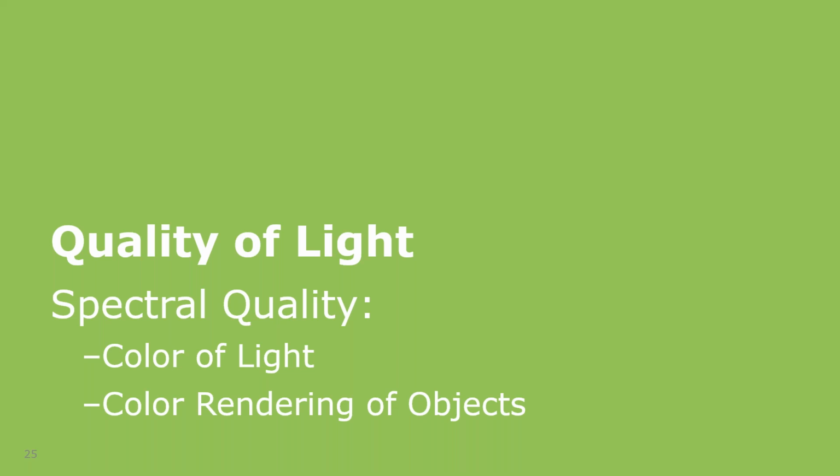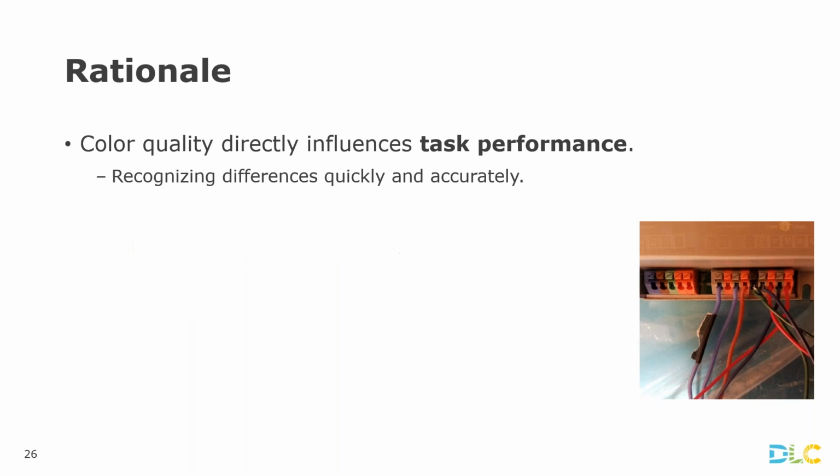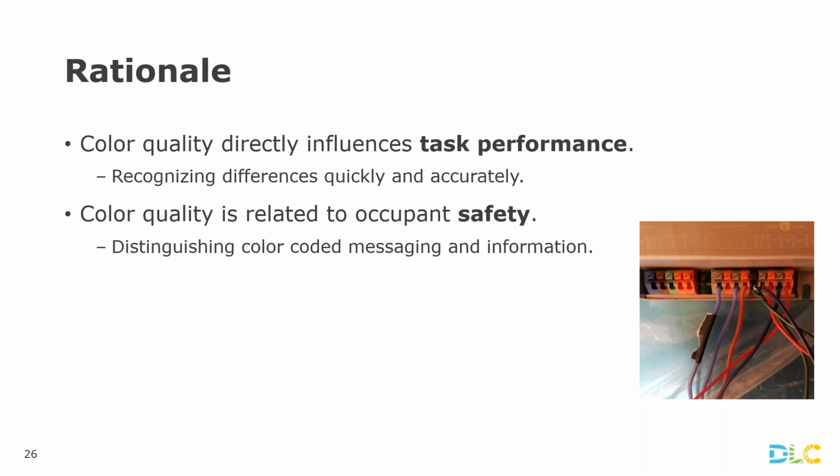The first topic I will talk about is color quality. This is divided in color of light and color rendering of objects. So color quality at the fixture level is crucial, and LED technology enables much customization. So color rendering directly influences task performance, for example, by enabling recognizing color differences quickly and accurately. It is also related to occupant safety.